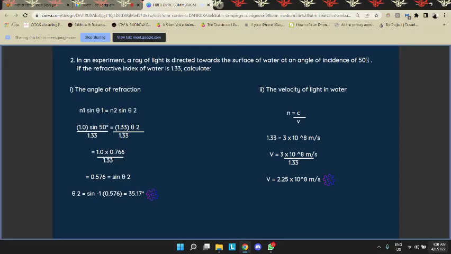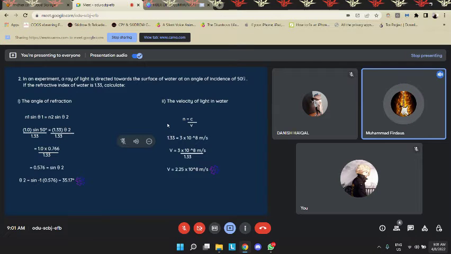So n1 is 1.0 and sin theta 1 is sin 50 degrees, equal to n2 1.33. Since theta 2 is not given, we divide by 1.33 on both sides, so sin theta 2 equals 1.0 multiplied by 0.766 divided by 1.33.